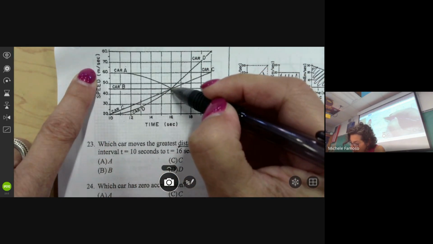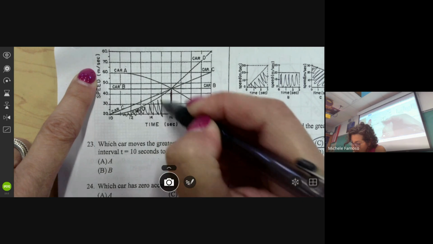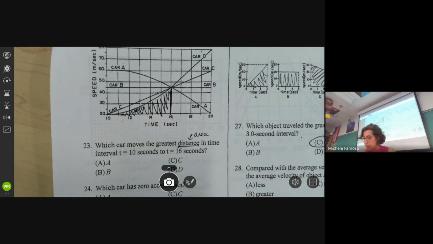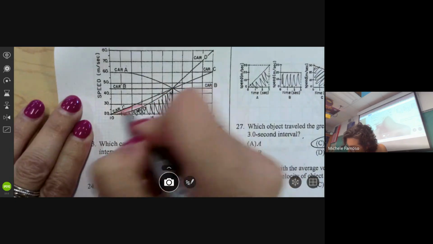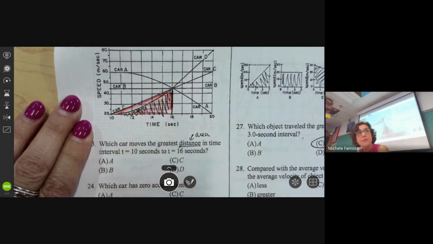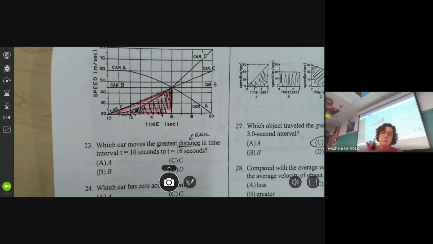So I'm going to start with D. Here's 16 seconds. The area for D is that section right there. See if I have some colored pencils to do the others, or pens. The area for C would be this triangle. And you see that's bigger than that curved area? Okay. Let's now see. Do I have another color? Yeah, purple.